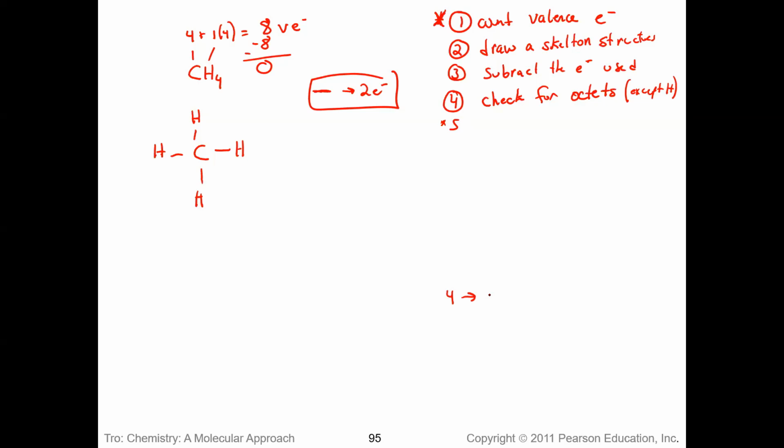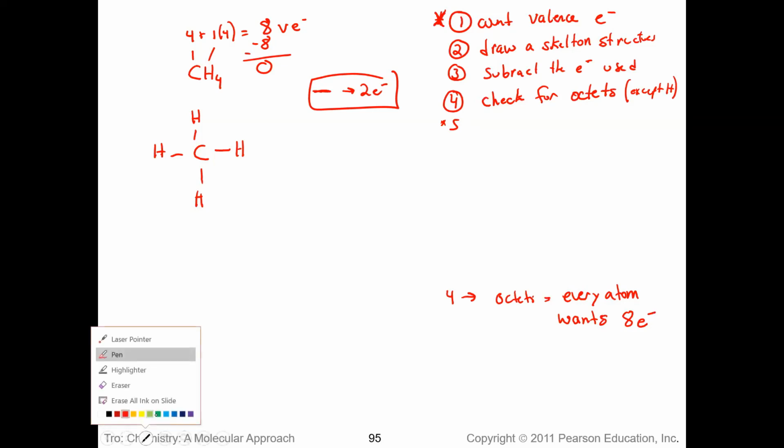Remember, everyone wants to be like those noble gases, and those noble gases have 8 electrons. So octets means every atom wants 8 electrons.